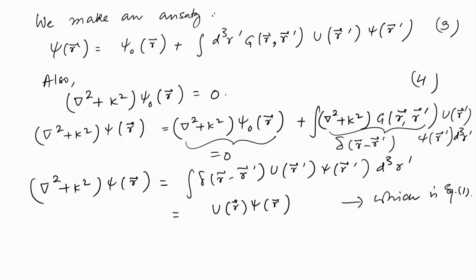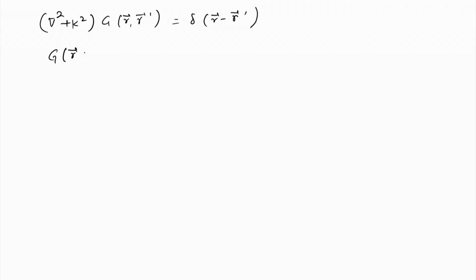Now, let us also try to understand what the Green's function for this particular case is. Since the equation defining Green's function is given by (del square plus k square) g of r minus r prime equal to delta of r minus r prime, we a priori write down, purely from experience, that one can write g of r as something like exponential i k r by r.